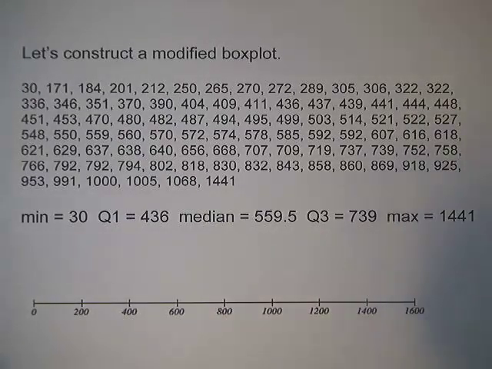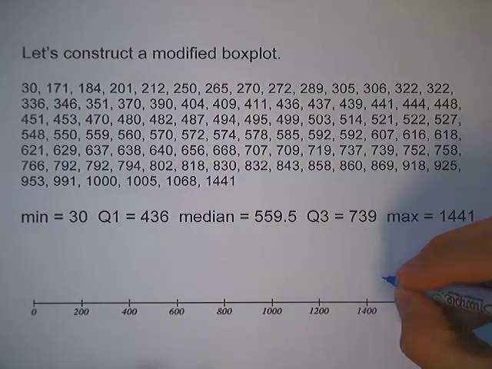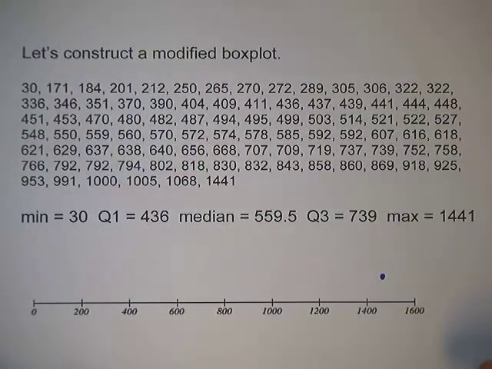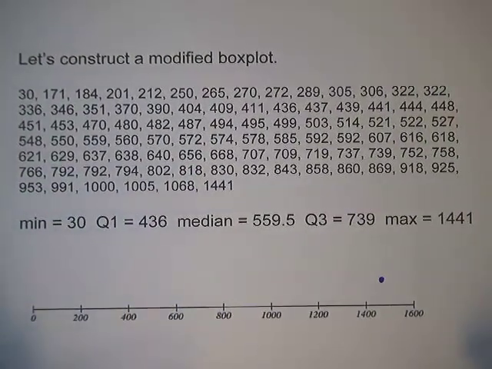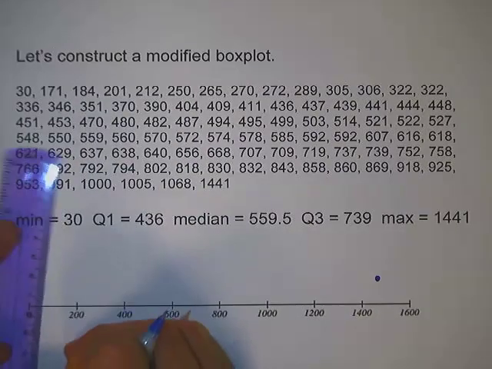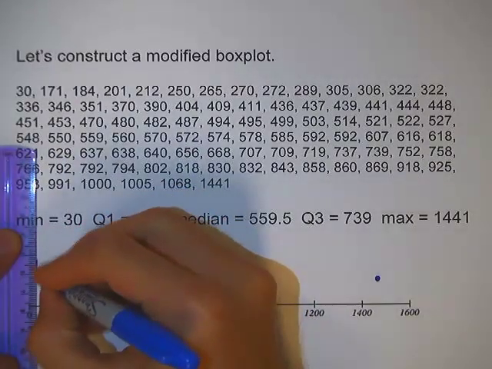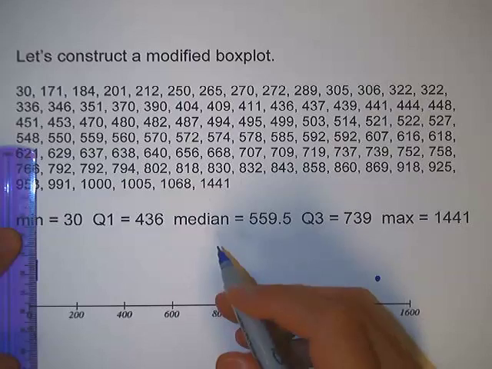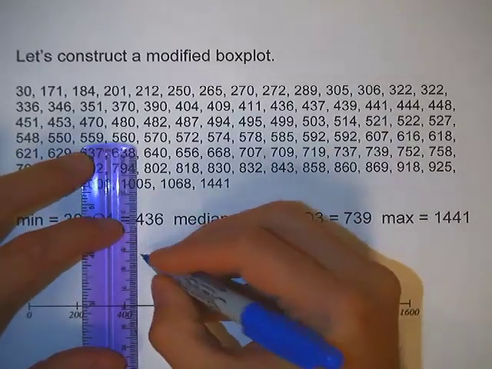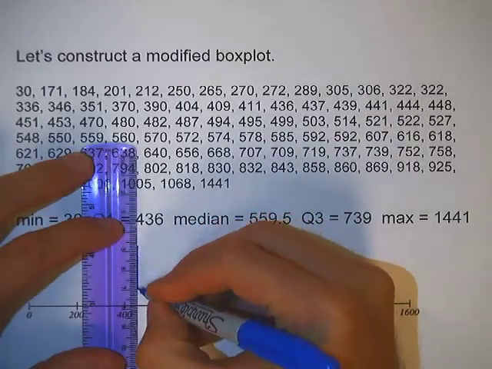Now the first thing I'm going to do is identify my outlier with a dot. So my outlier is going to be here at 1441. Okay, so now I'm going to make my box plot pretty much just like normal. So I'm going to start with the minimum here. Q1 is where my box is going to start, so I'm going to draw a longer line here.